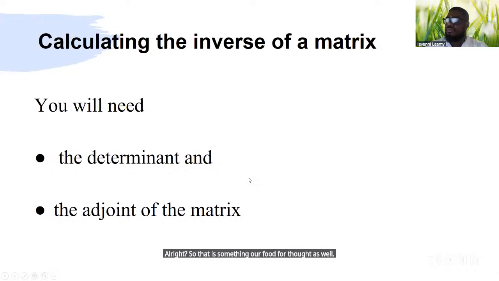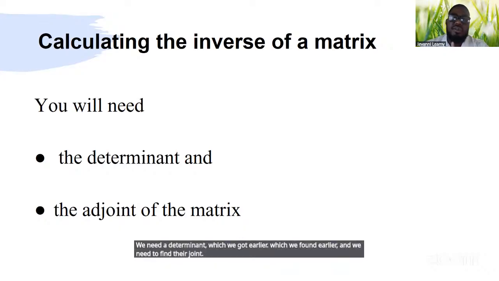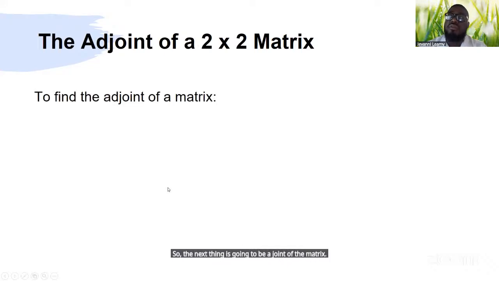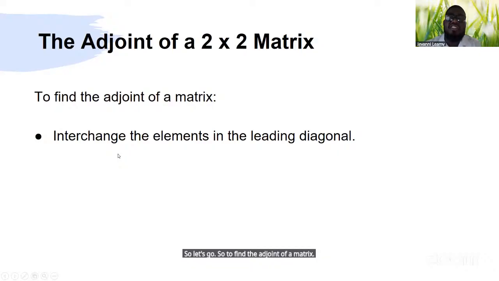All right? So 2 things that we need to find the inverse of a matrix. We need the determinant, which we found earlier, and we need to find the adjoint. So the next thing is going to be the adjoint of the matrix. So to find the adjoint of a matrix, we would interchange the elements in the leading diagonal. What does that mean? You identify your leading diagonals, then you change the values.